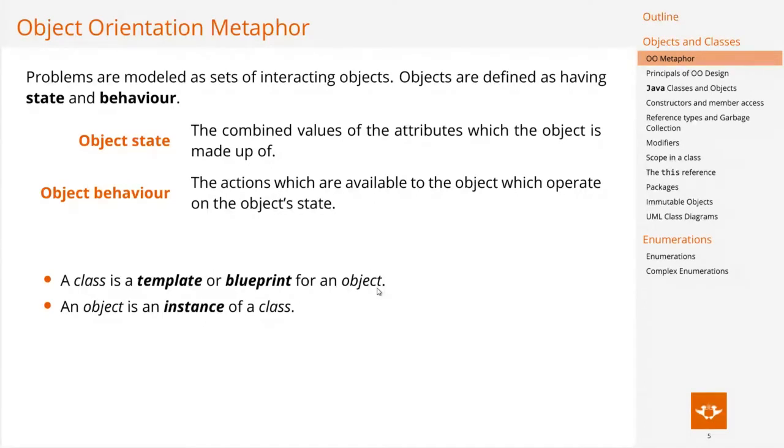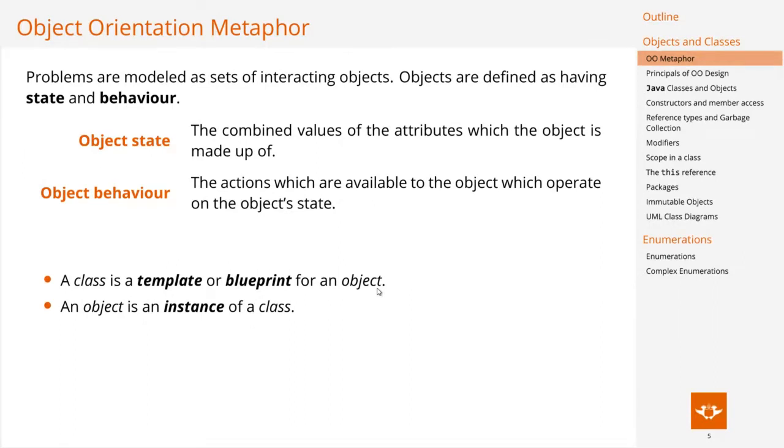Then you have something called object behavior, and object behavior is something that modifies the state in some way. So in object state, we store stuff. In object behavior, we modify the stuff that we already have stored.